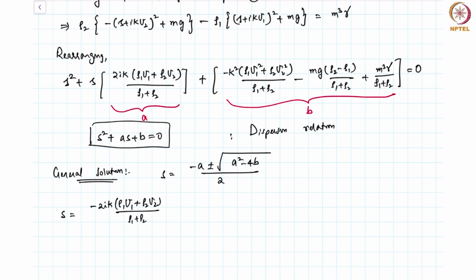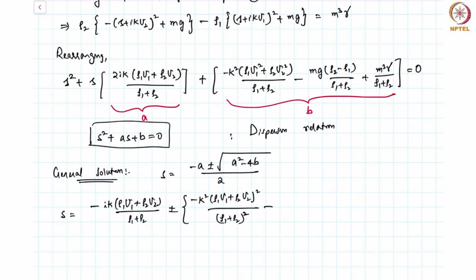This divided by 2, so essentially this 2 cancels out, minus ik, plus or minus, I have a thing in the square root here, A square, that is minus k square (rho 1 u1 plus rho 2 u2) whole square by (rho 1 plus rho 2) whole square, minus 4B. That 4 cancels out to the denominator 2, and we have minus B.